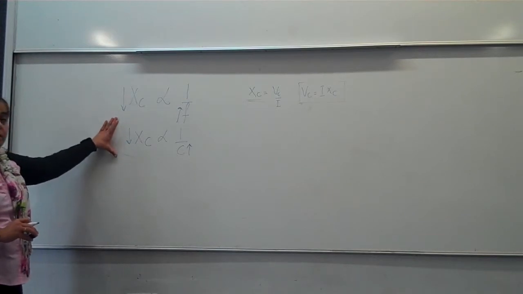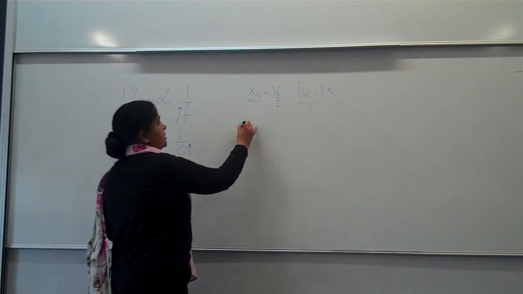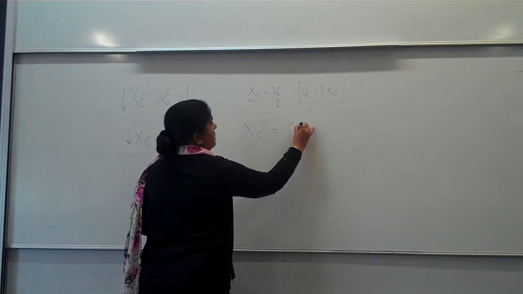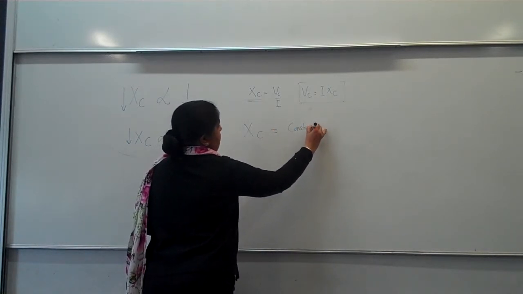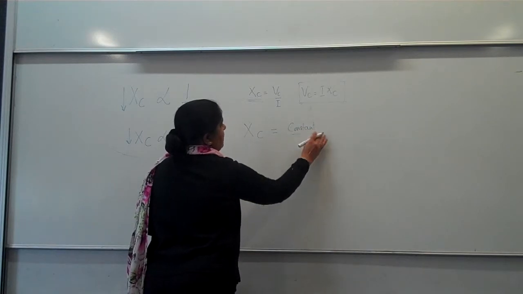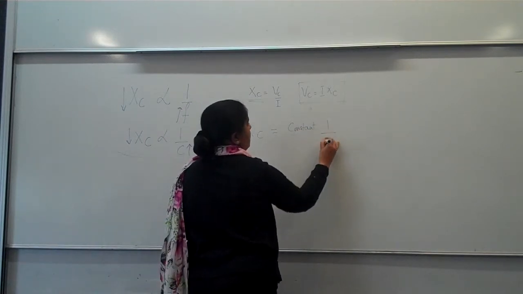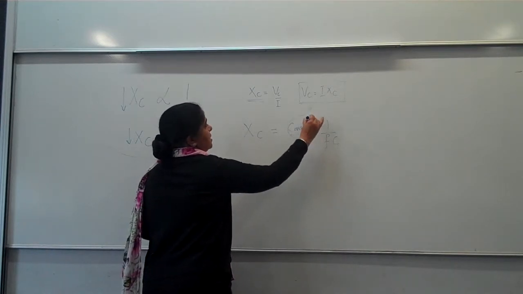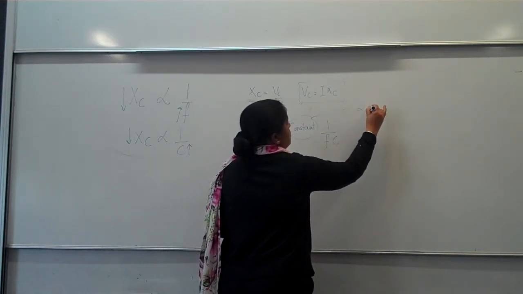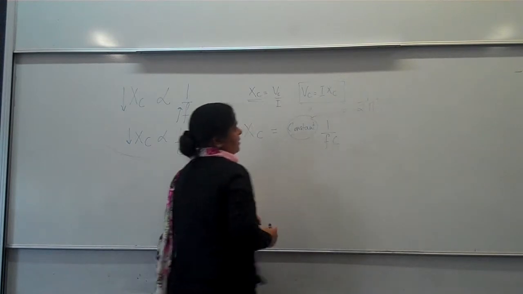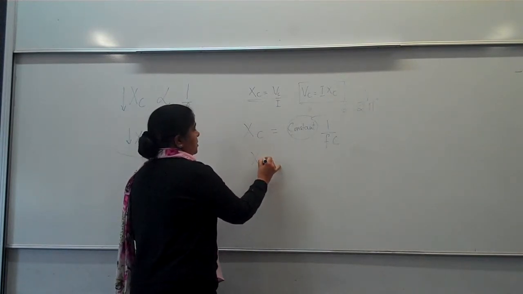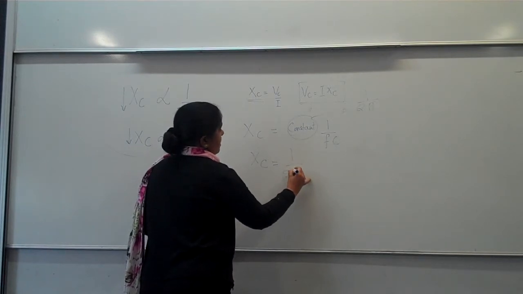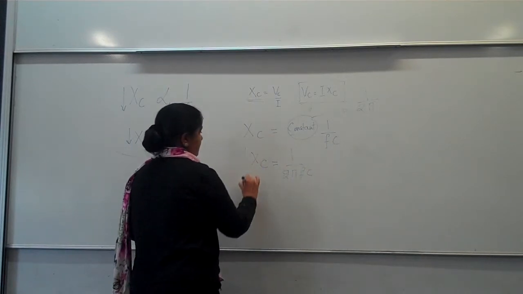So if we combine the two, the equation becomes XC is some proportionality constant divided by, or 1 over, fC. Now this proportionality constant here is 1 over 2 pi. So the total equation becomes 1 over 2 pi fC.